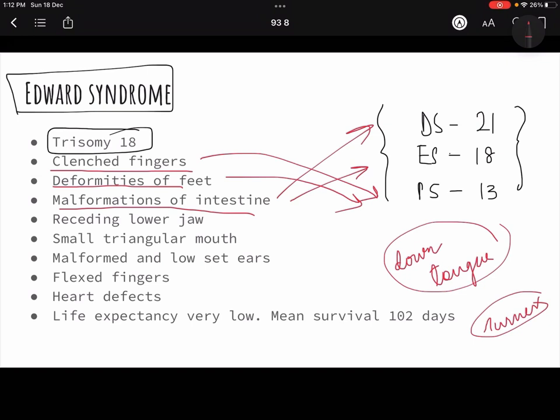For example, these flexed fingers, ठीक है, और clenched fingers and cleft lip palate, ये Edward and Patau syndrome both में they are common and unique. That means cleft palate, ठीक है, is there in an Edward syndrome child also, and in a Patau syndrome child also, ठीक है. So these are certain things that you need to remember.